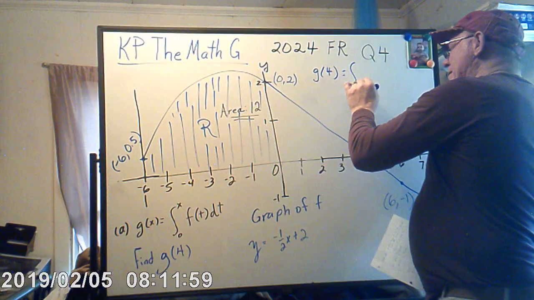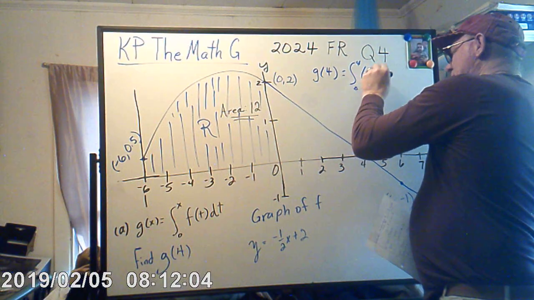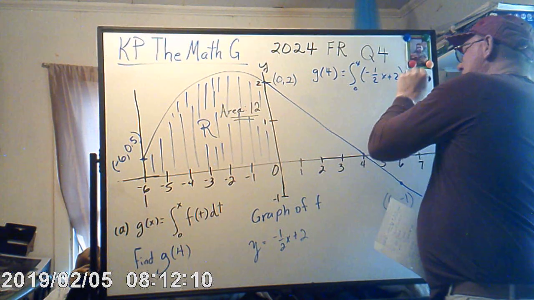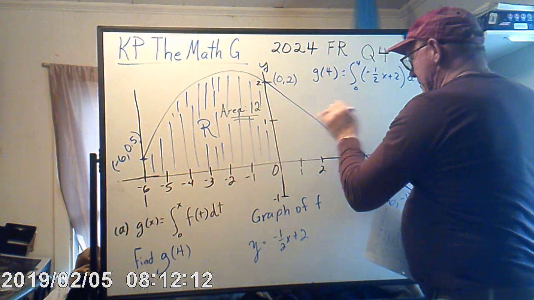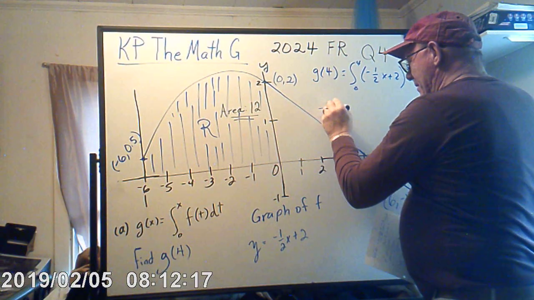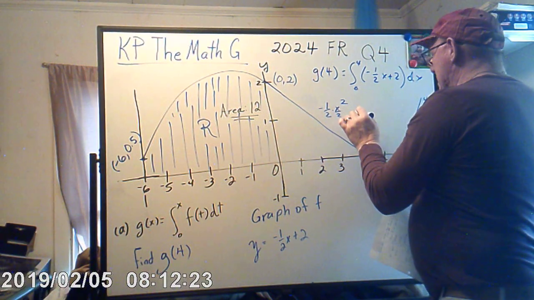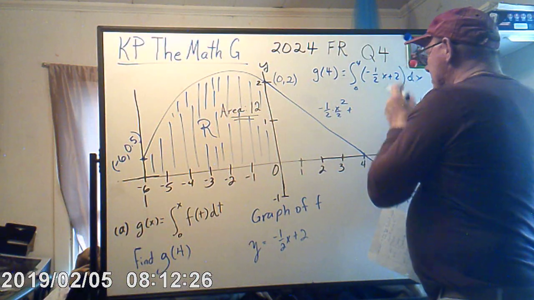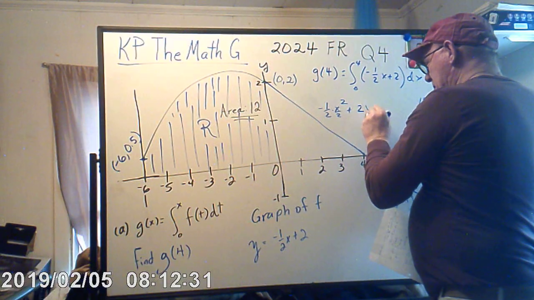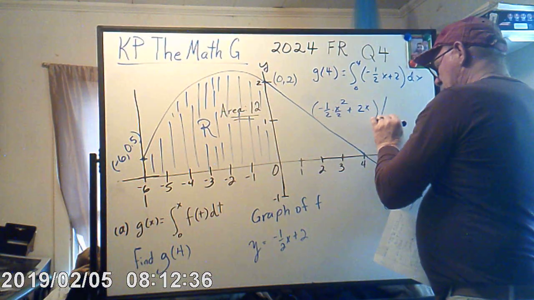If you went ahead and did this from 0 to 4, I'm just going to write the answer. It is the integral from 0 to 4 of negative 1/2 x plus 2 dx. You would get, from 0 to 4, negative 1/2 x squared over 2, plus 2x.